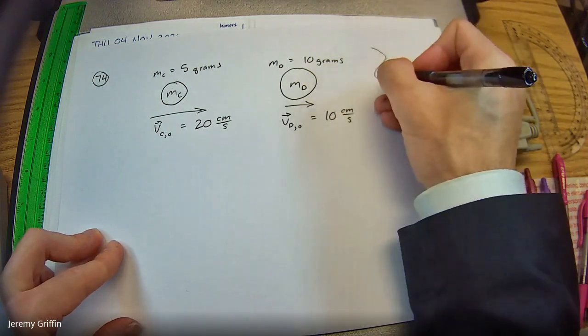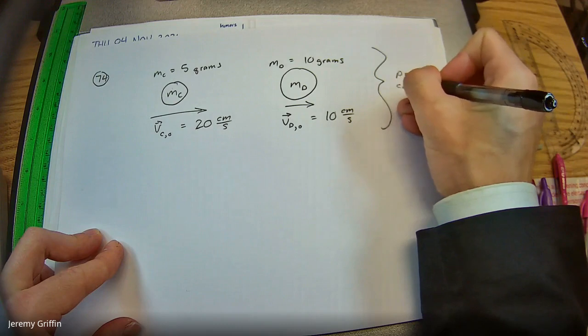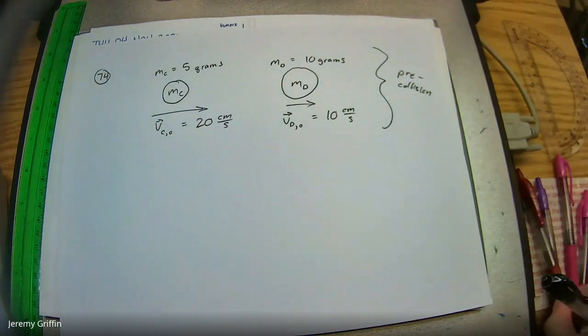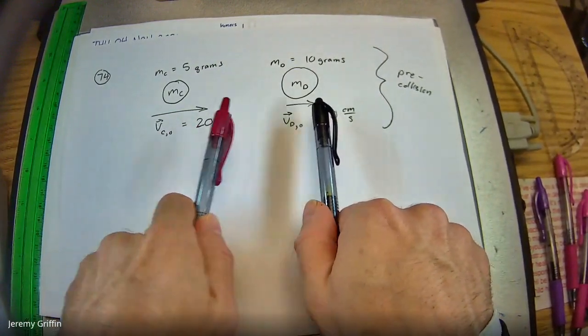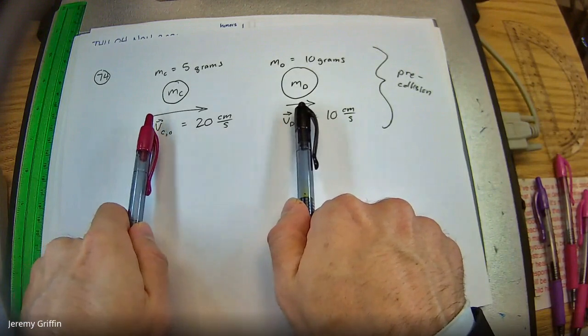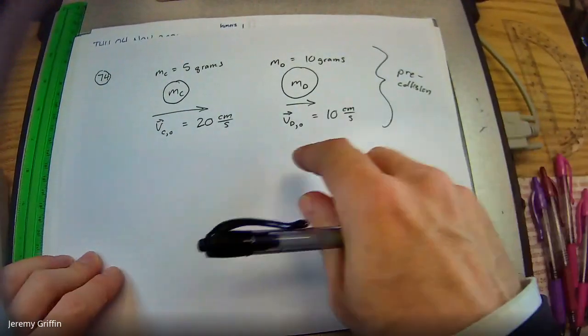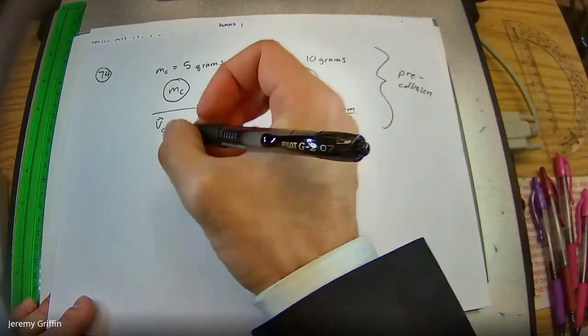This was all pre-collision. If you prefer this model, it's sort of like a car is going to rear-end a van that's moving slower. So bam, something like that. They're going to bounce off each other. I bet this will probably be pretty close to the elastic side, but maybe not perfectly so.